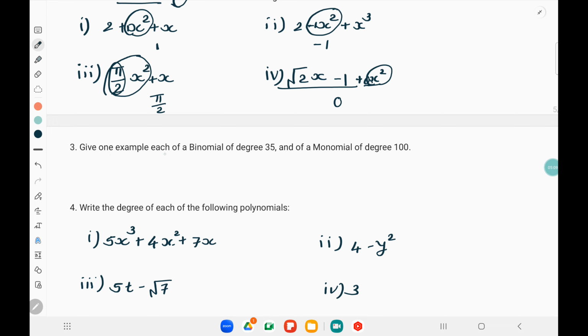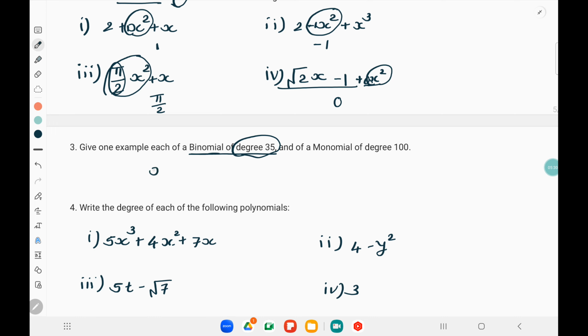Give one example each of a binomial of degree 35 and of a monomial of degree 100. So first of all, binomial means what? Binomial means two terms, right? And degree, as we know, we learned in the introduction, is power.